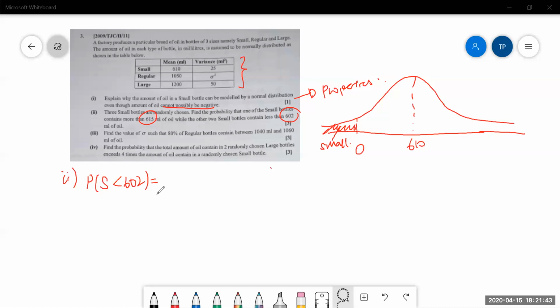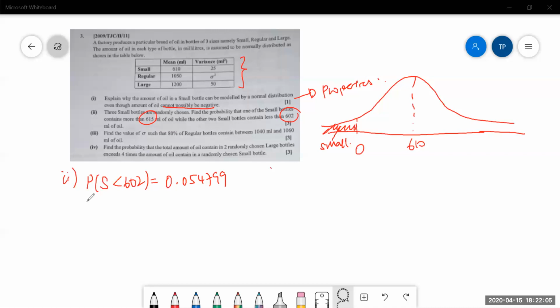0.054799. Okay, so this is the probability of the amount of oil less than 602, right? Correct.